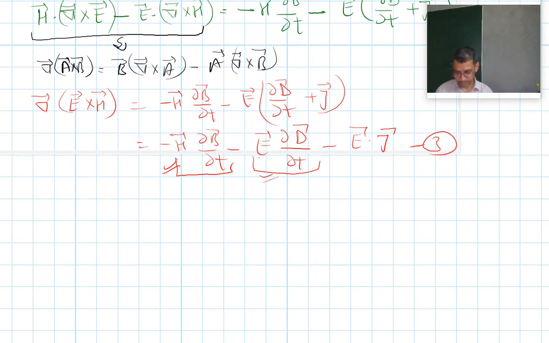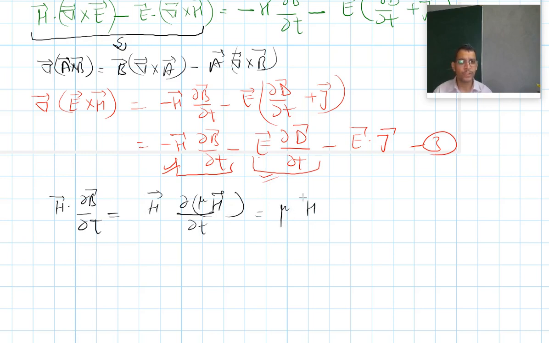So this H curly B over curly T can be written as H curly mu H over curly T, and here mu can be taken outside, so it is mu H curly H over curly T. And let us consider this part now.